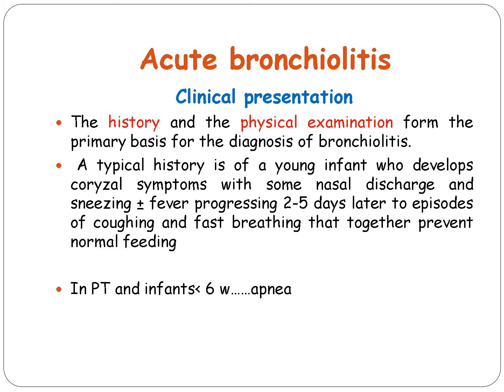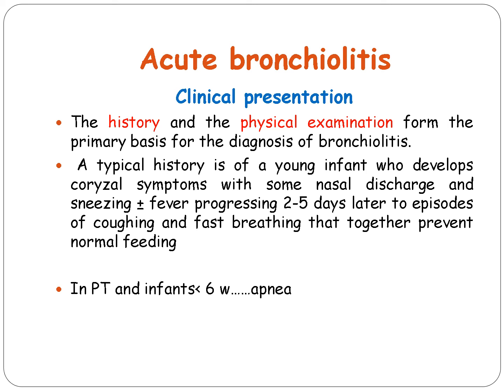The diagnosis of acute bronchiolitis is a clinical diagnosis depending on history and physical examination. As described previously, there is a typical history of a young infant who developed coryzal symptoms, upper respiratory tract symptoms in the form of rhinorrhea, sneezing with or without fever, followed later by cough and increased respiratory rate, and it may prevent the normal feeding of this infant.